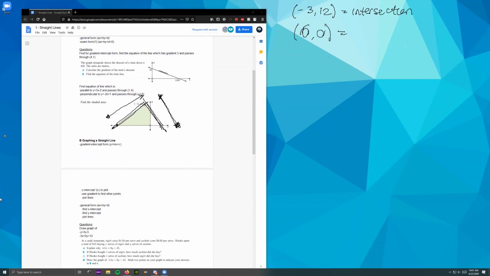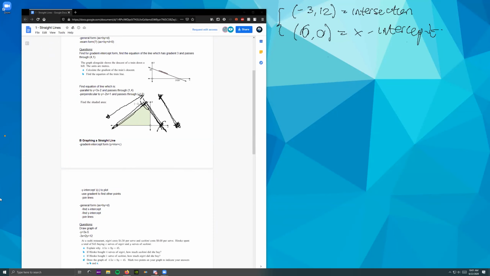And we can do that since we have 2 points, here and here. These are the 2 points. This is the x-intercept. And this is the intersection.